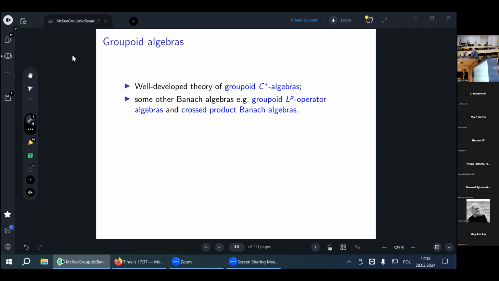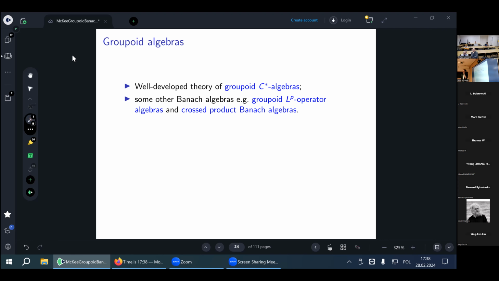Or Banach algebras associated to group actions. So usually if you have a group acting on, say, C0 of X, you complete it as a C-star algebra. But you can think of a Banach algebra completion of this thing.